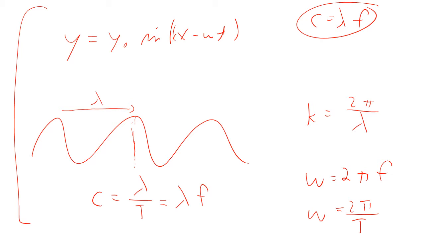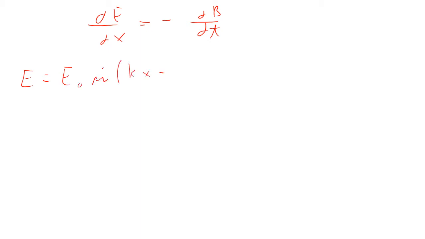Well, let's go back to light. So we know that the partial of E with respect to x equals minus the partial of B with respect to time. And so if we take the partial of E with respect to x, remember E is E naught sine kx minus omega t, and B is some B naught sine kx minus omega t.